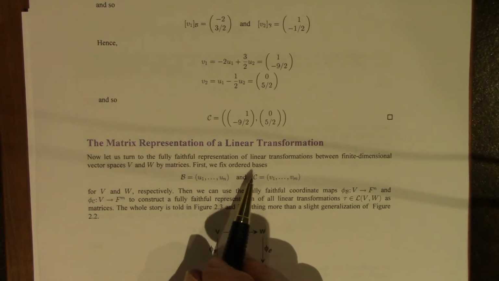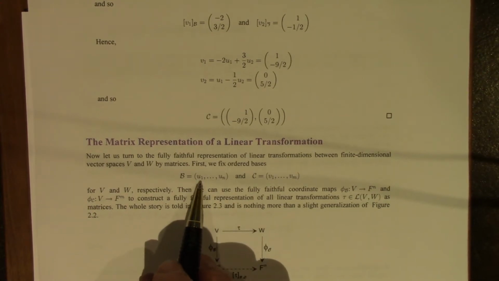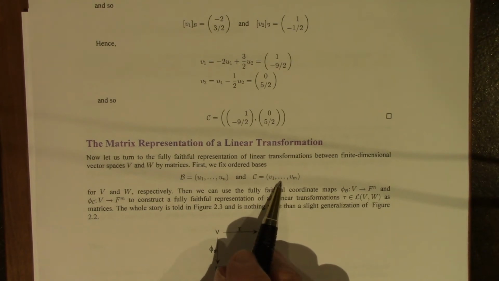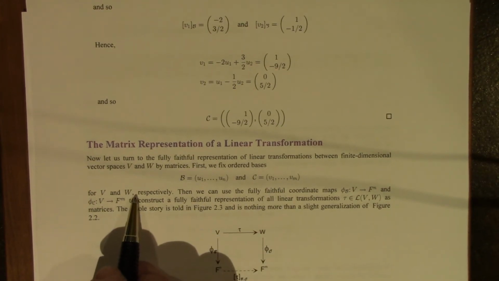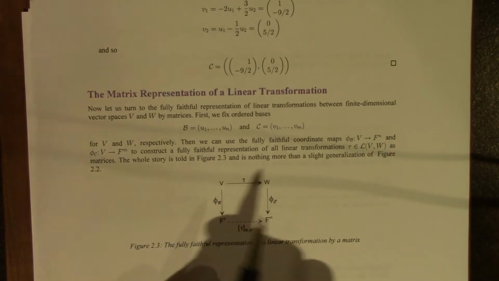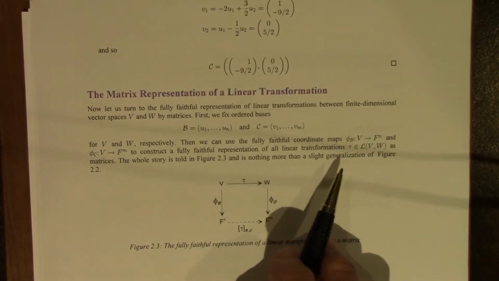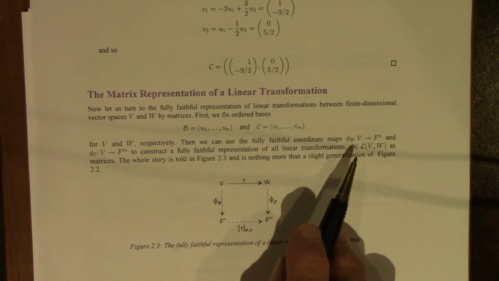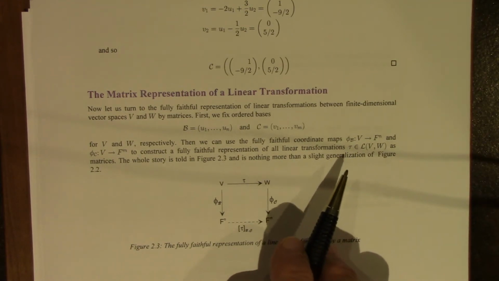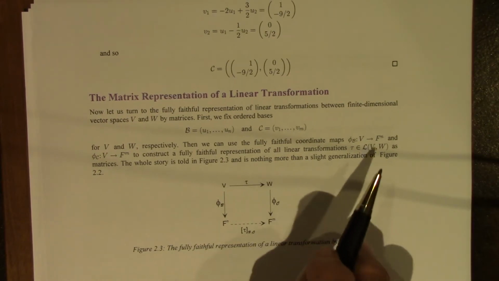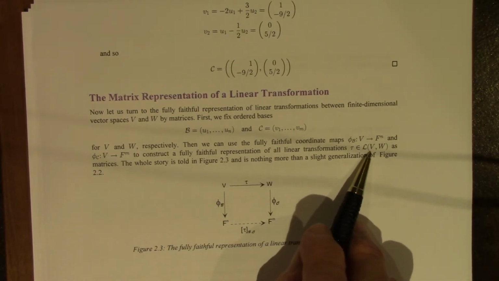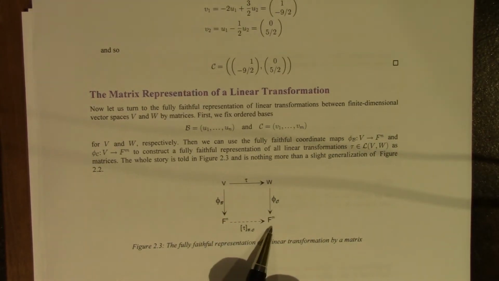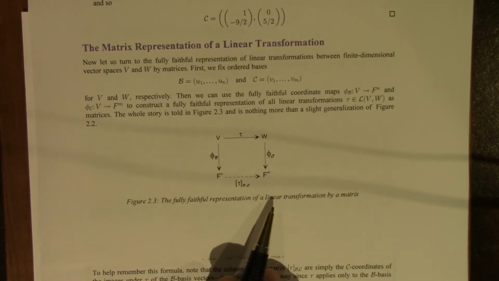So the first step is to fix an ordered basis B for V and an ordered basis C for W. Once again, we can use the coordinate maps to construct a matrix representation for any linear transformation from V to W. And this picture tells the whole story.